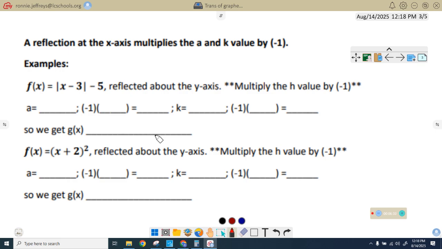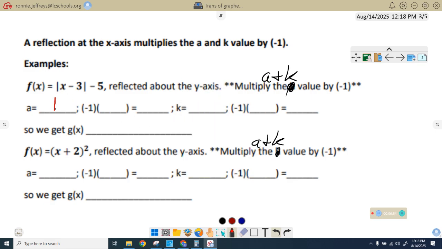This should say a. Mr. Jeffers made a boo-boo. Yeah, this should be a and k, because it says h and then it says a and k down here. Sorry if that was confusing.